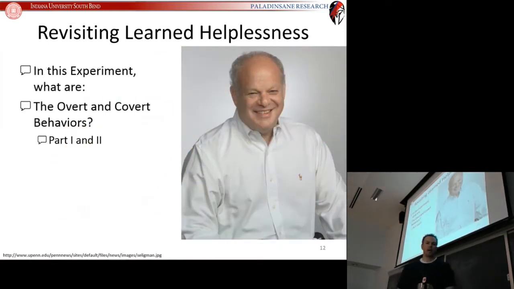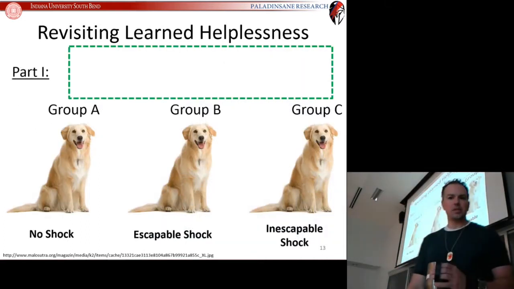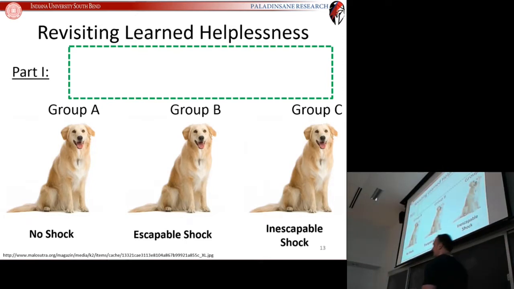All right, overt and covert behavior. So this one's going to require a little bit of speculation in terms of what the overt and covert behaviors are. One of them definitely happened. So let's start with the overt behaviors. For part one, what were some of the overt behaviors that we either know happened or we would expect would happen?